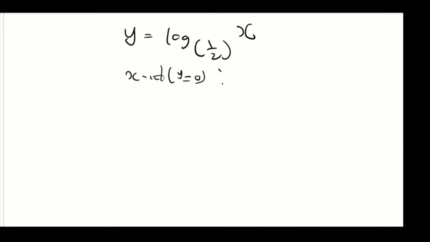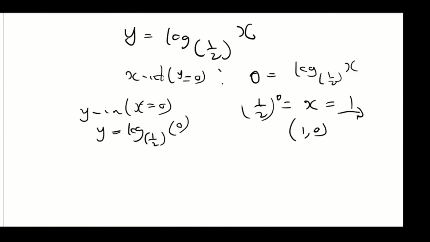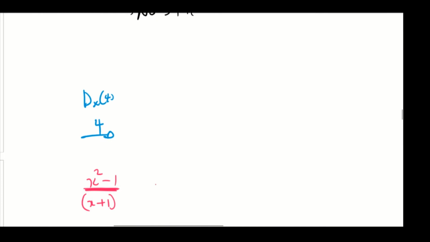So where there's y, we put 0 equals log base 1/2 of x. So (1/2) to the power of 0 is equal to x, which is equal to 1, because anything to the power of 0 is 1. So the coordinates are (1; 0) for our x-intercept, and then our y-intercept is when x is equal to 0. So we have y equals log base 1/2 of 0. Here you won't find a solution, so there's no solution. It means that your graph does not pass through a y-intercept.